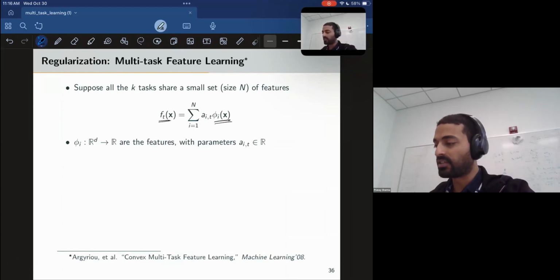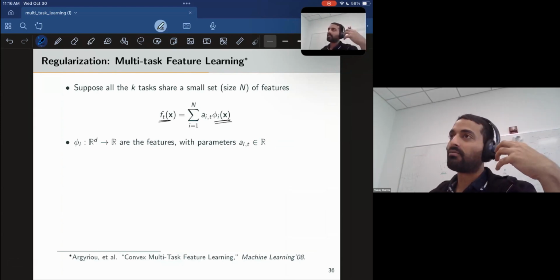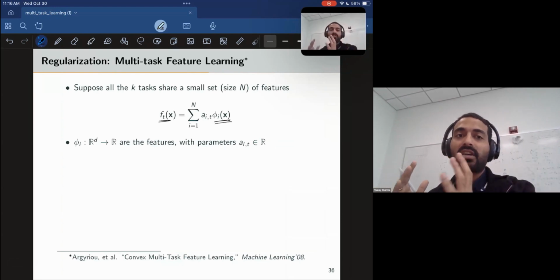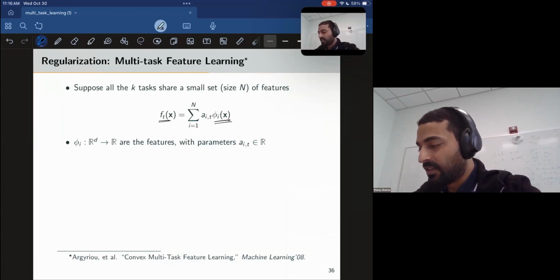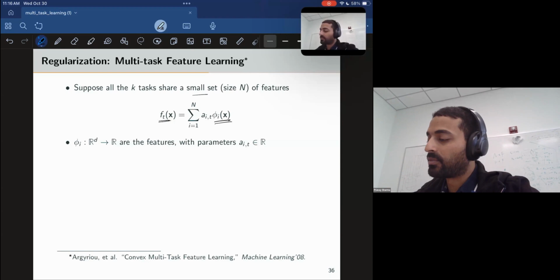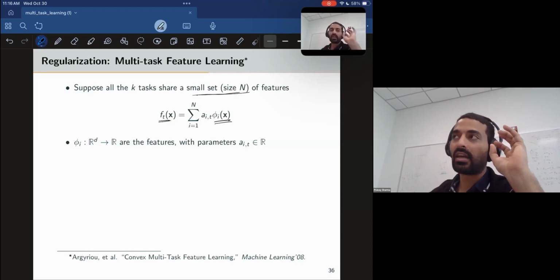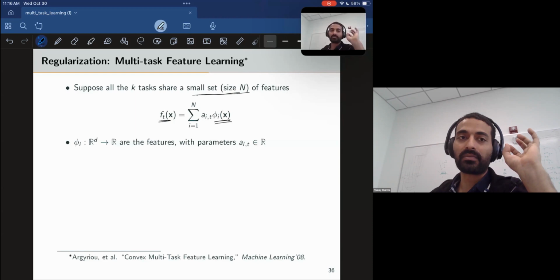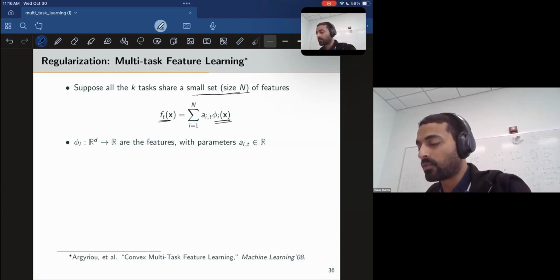We have several features, but because we are doing multitask learning, we want to make sure that there is some shared structure across different models for different tasks. So we assume that even though we have several features, every task only uses some of them. There is a small set of features which every task uses, and the remaining features are useless, right? This is what we imagine.